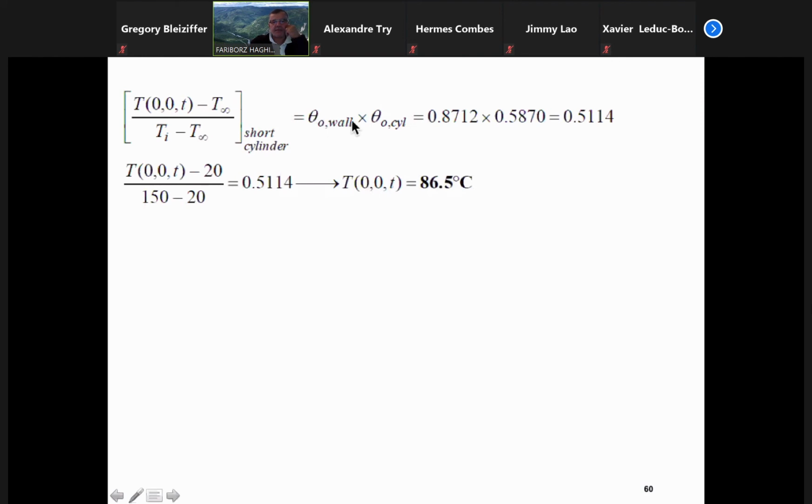We calculate for the wall, we calculate for the cylinder, we multiply them together, and this gives the short cylinder at the center. The temperature at the center of the cylinder is 85.6.